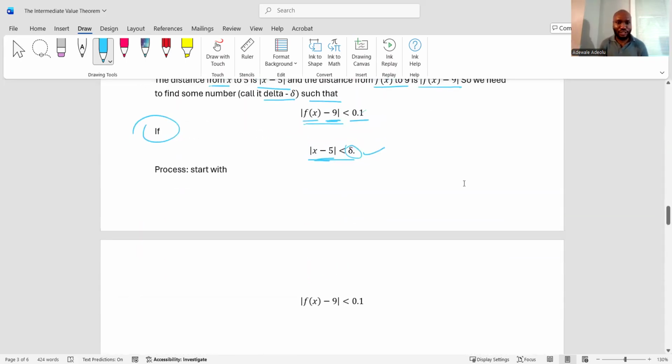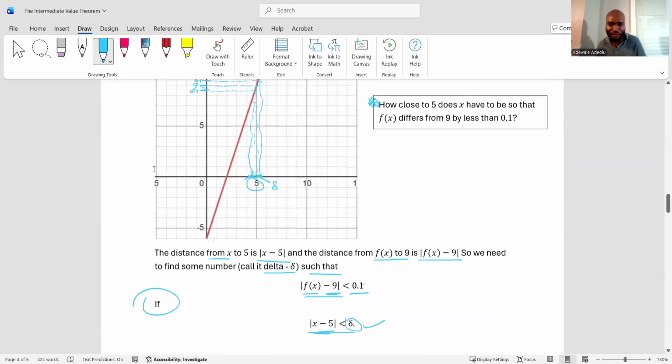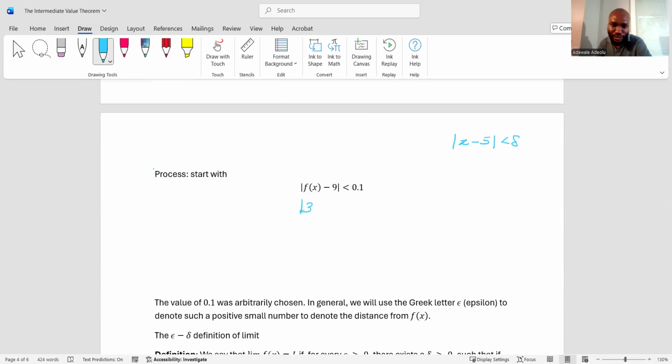Okay, so let us talk about the process. We'll start with the absolute value of f of x minus 9 being less than 0.1. Remember, our goal is to show something like this: the absolute value of x minus 5 is less than delta. That is what we want to get to. What is our f of x in this situation? 3x minus 6. So 3x minus 6 minus 9 is less than 0.1.